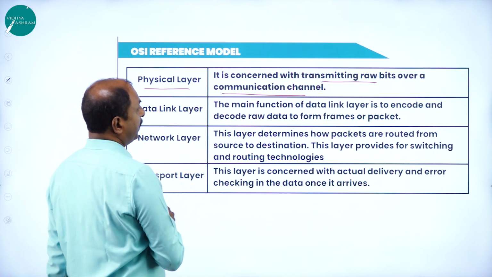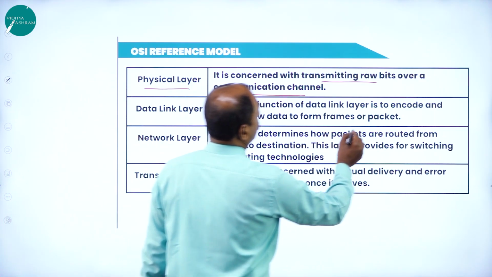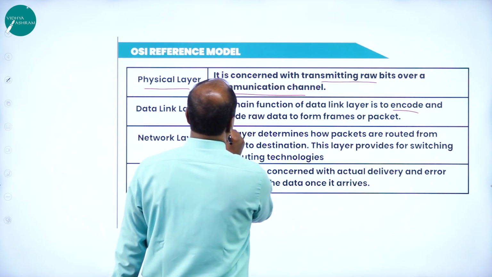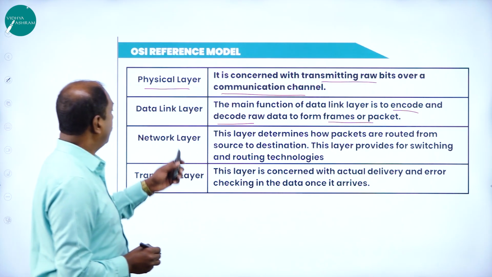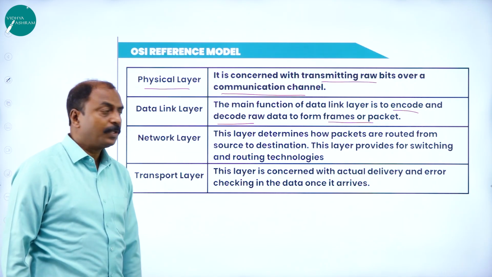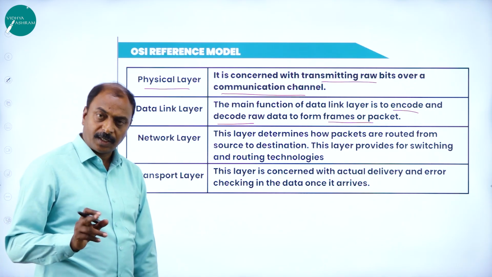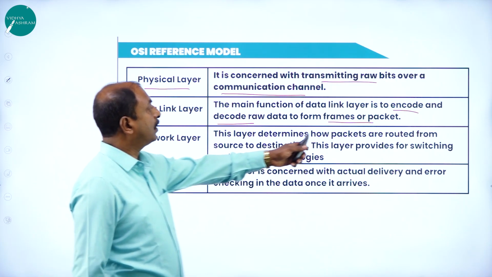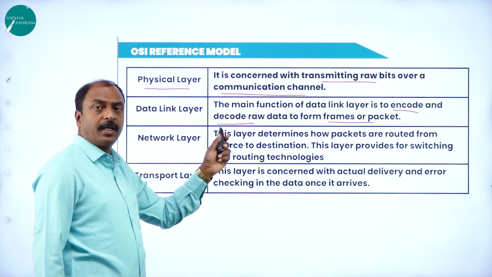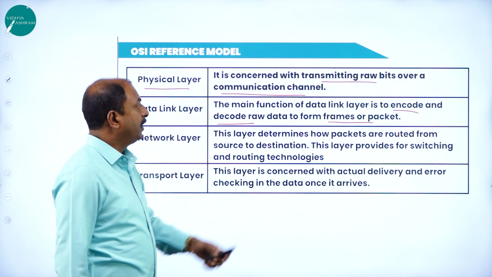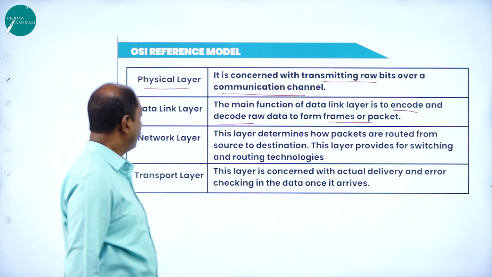Then data link layer, it is to encode and decode raw data to form frames or packets. So data link layer is responsible for converting the raw data into frames or packets, encoding and decoding at sender and receiver end with respect to its standard.